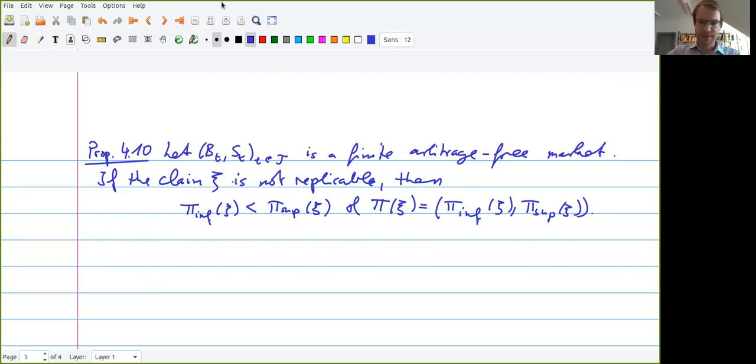So if it's not replicable, so there exists no replicating strategy for this claim, then the price is really not unique, and it's given by an open interval.